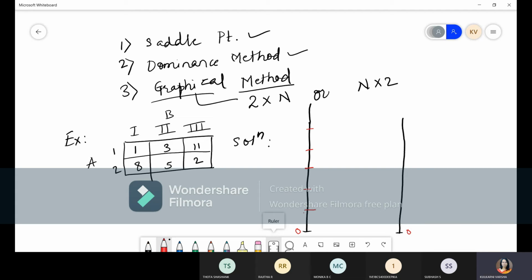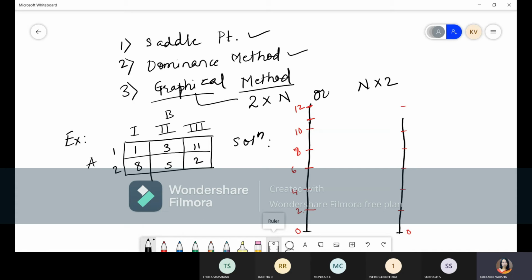Then this will be 11, because we are taking half of this part, right? So you can mark 2, 4, 6, 7, 8, 10, and here 12. In the same way, you have to mention 2, 4, 6, 8, 10 and 12 here also, right?